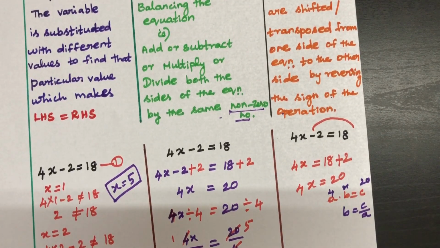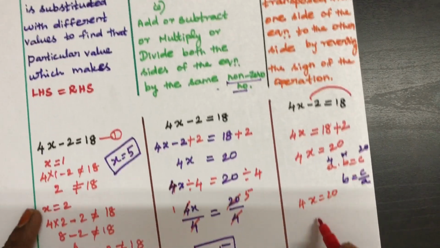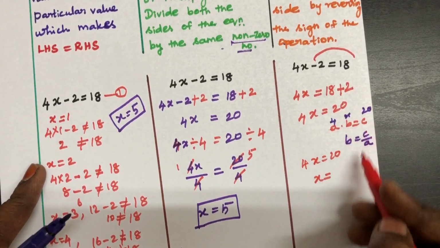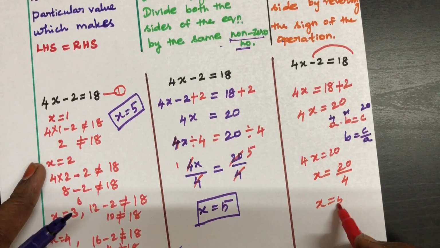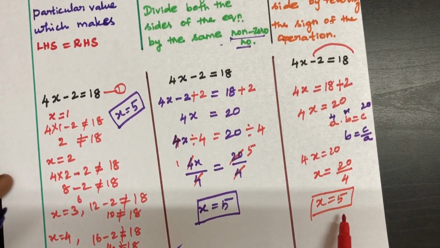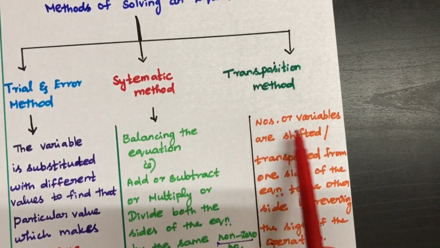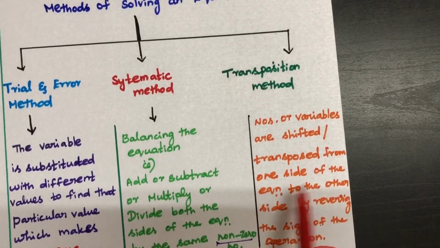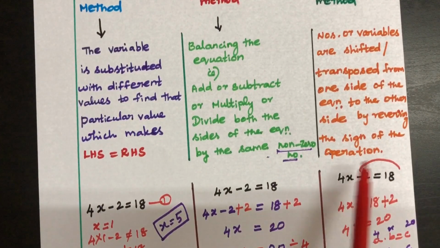So x equal to c by a, which is 20 divided by 4. x equal to 5. That's all. Here also we got our solution for x. So this is nothing but the transposition method: numbers or variables are shifted or transposed from one side of the equation to the other side by reversing the sign of the operation.